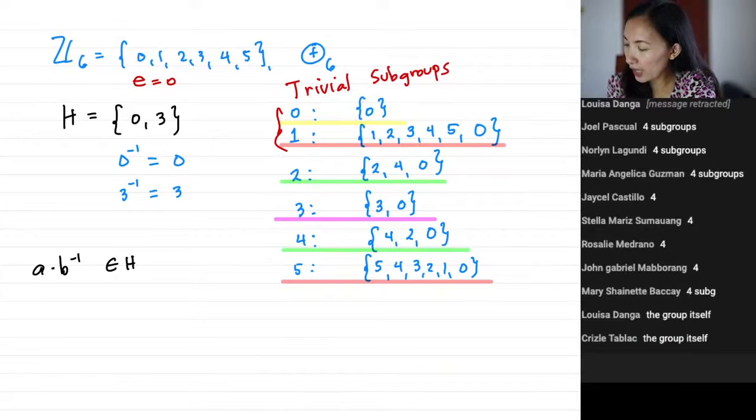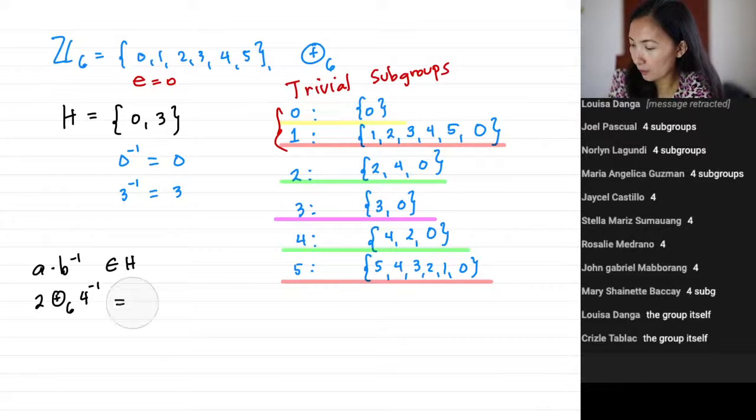So for example, let's consider 2 and 4. 2 plus 4 inverse should be an element of the subgroup.